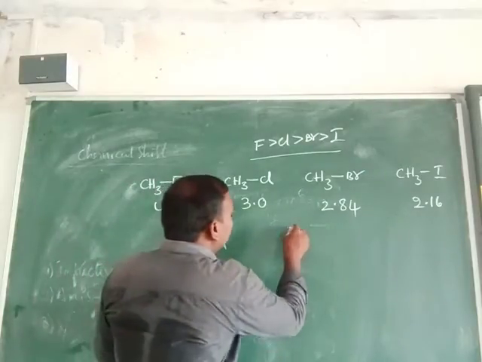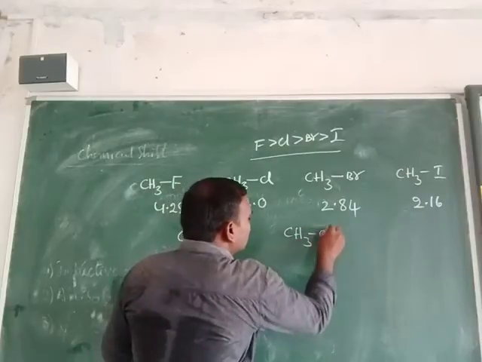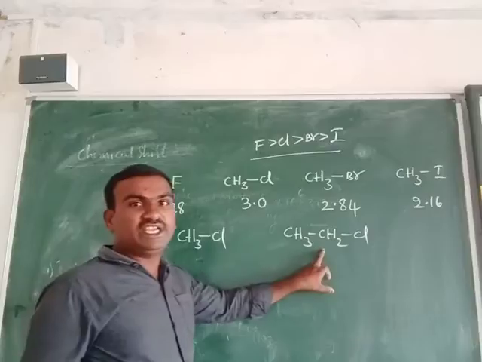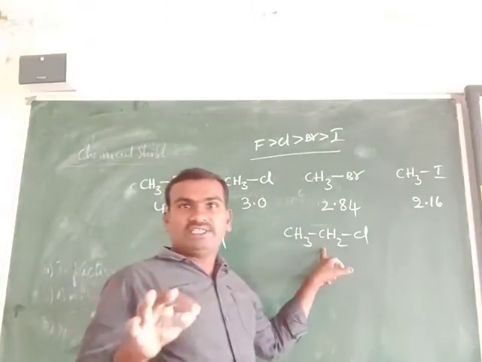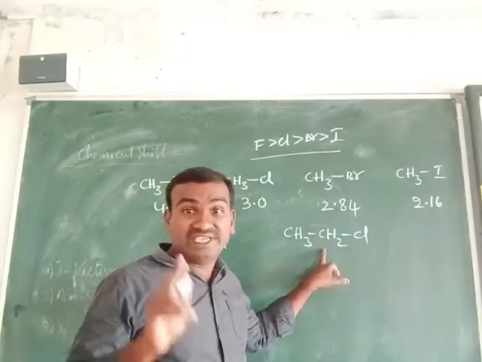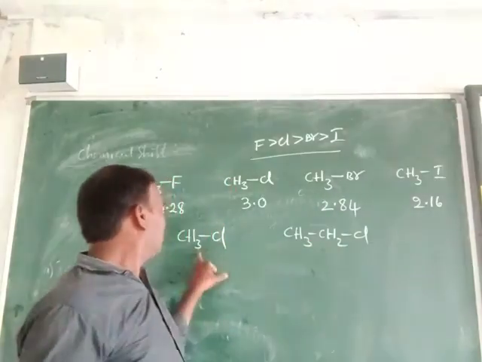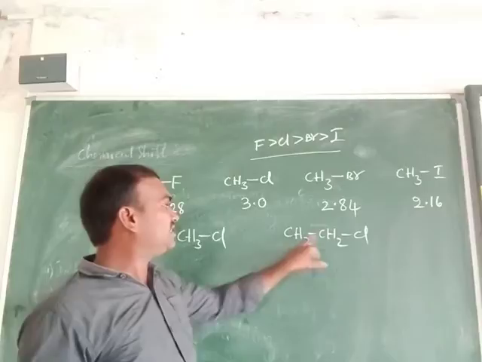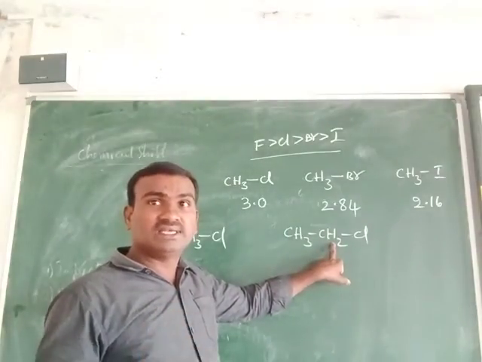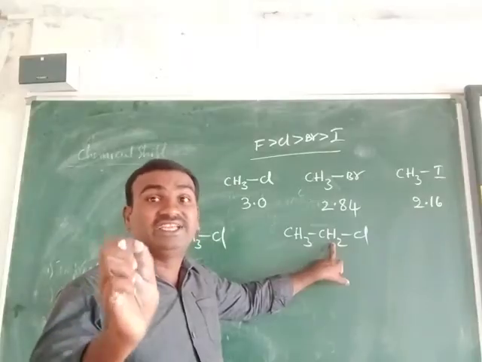Next one, ethyl chloride, CH3CH2Cl. So the distance of the protons from the electronegative atom increases, and the deshielding effect decreases.